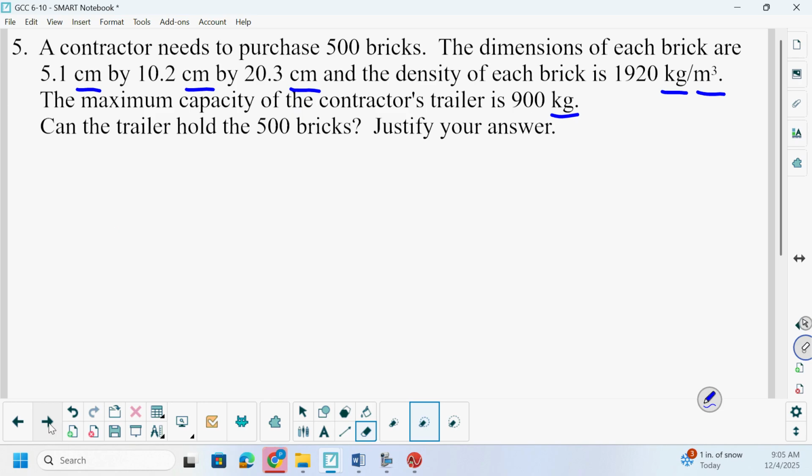So let's redefine our bricks. If we move this one 2 to the left, we'll have 0.051 for that dimension. If we move this one 2 to the left, we'll have 0.102 for that dimension. And move this one 2 to the left, we'll have 0.203 for that third dimension.